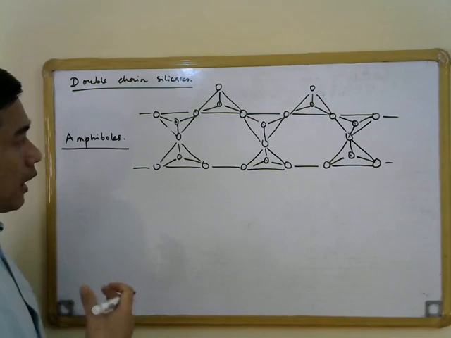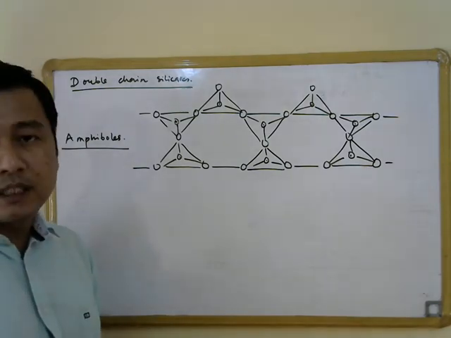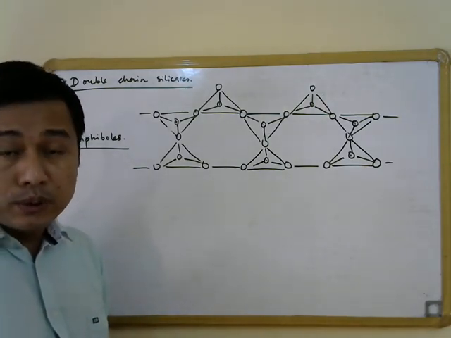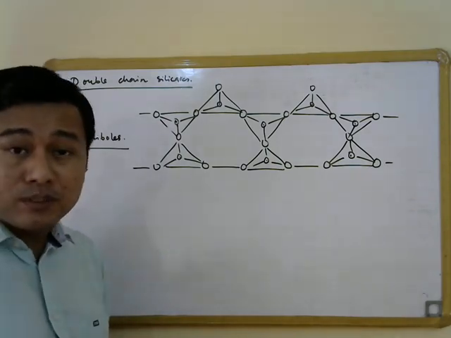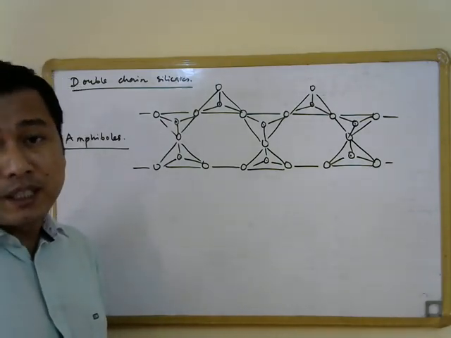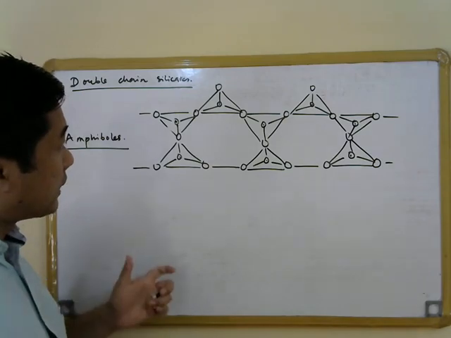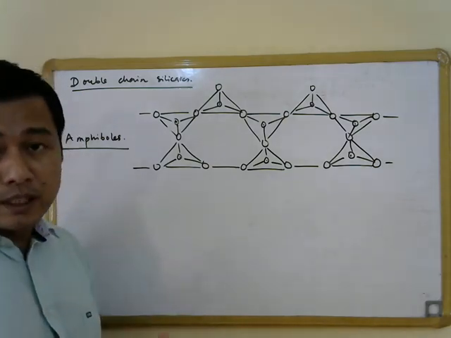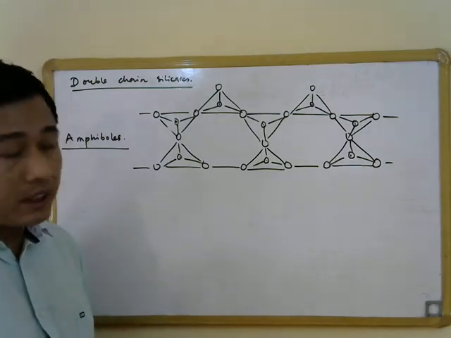And how the two chains are joining together, that is, by sharing how many oxygen atoms between the two chains, essentially leads to formation of different types of chain structures.